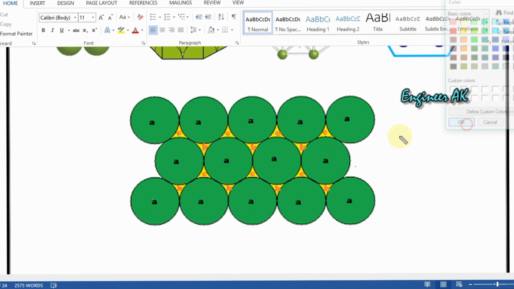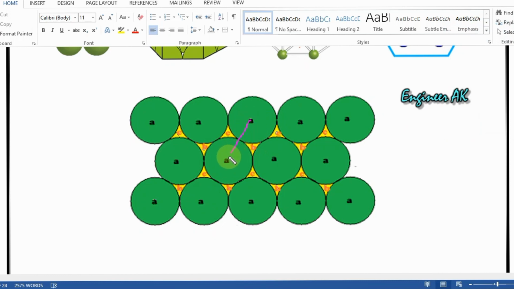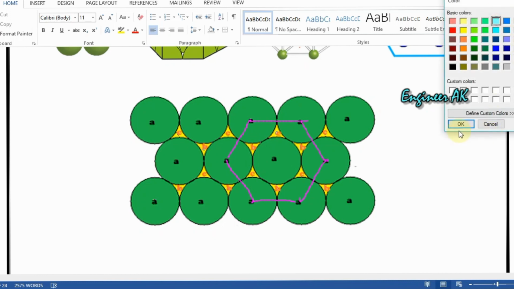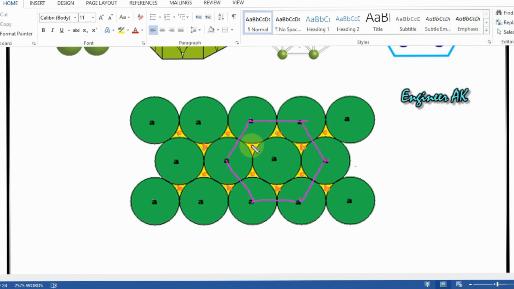Okay, so let's suppose I make a hexagonal structure here, and then here, then here, then here, and then here, right?